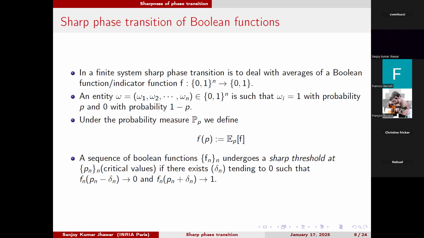So if some Boolean functions have this property, then we say that it performs a sharp phase transition.